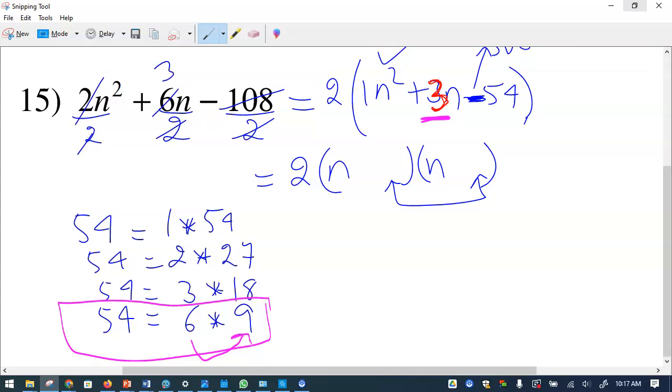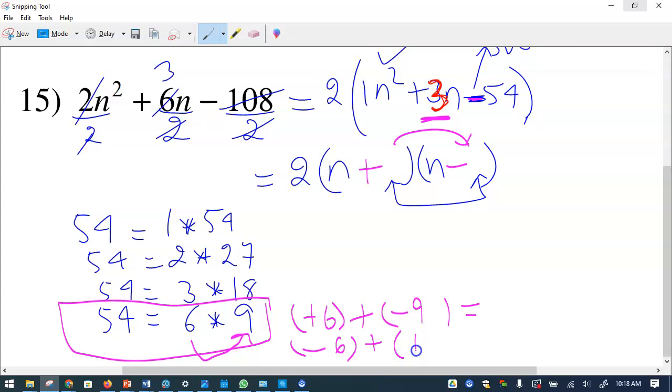So the question is, what do I put? How do I put it? One of them has to be negative, because when you multiply, it has to be minus 54, right? So do I use plus 6 and minus 9, or is minus 6 and plus 9 the better option?